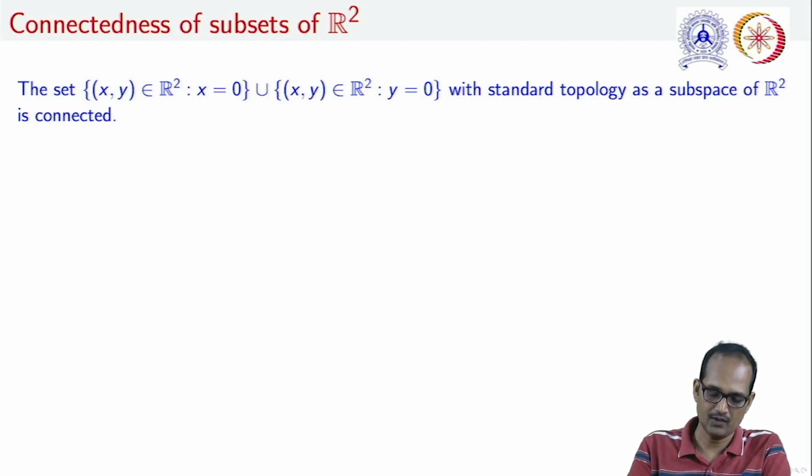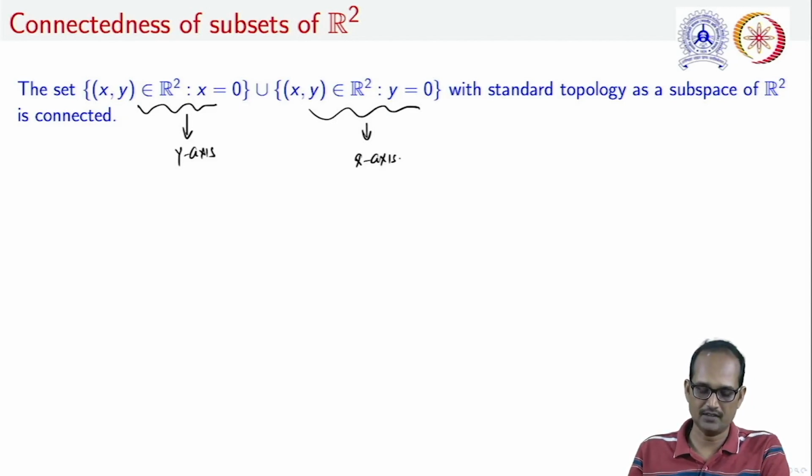This first set is nothing but the y-axis, and this second set is nothing but the x-axis. So what precisely we are saying is that the union of the x-axis and y-axis is connected.